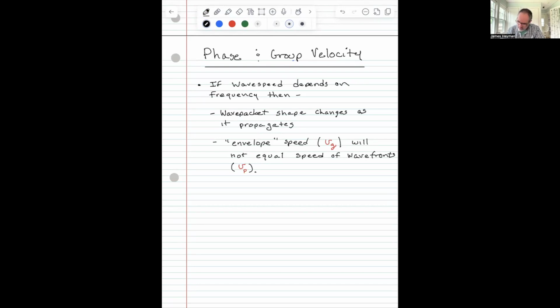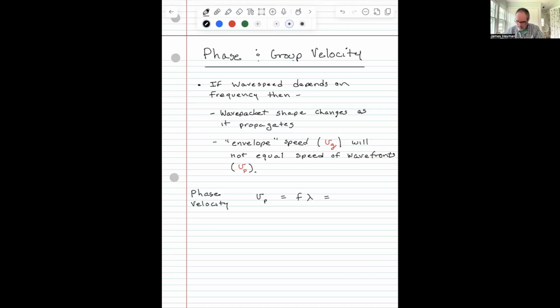Now here, I'm just going to state first that the phase velocity of a wave is just equal to that quantity that we've always called the speed of a wave. It's f times lambda.